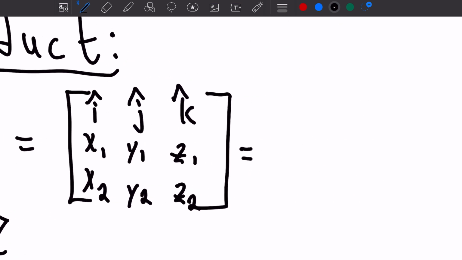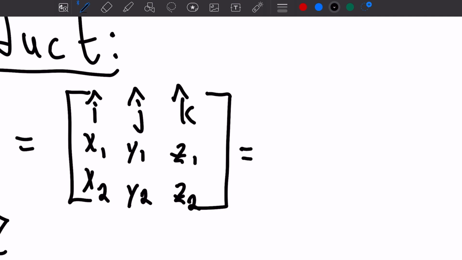So what we're going to want to do here is make each of these into basically 2x2 determinants and use those to get a vector value output.